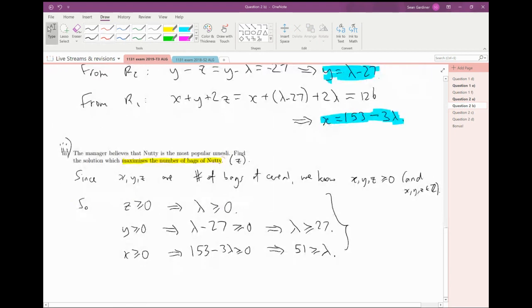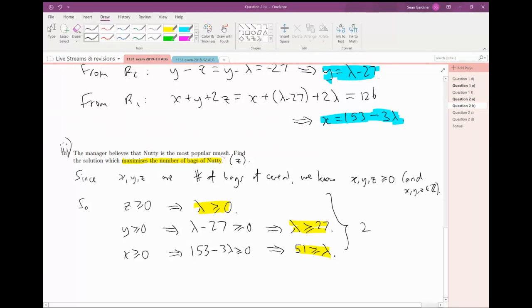And so if these are the three restrictions on lambda that I have, can anyone find the largest such lambda that will satisfy all three of those at the same time? Yeah, if lambda is 51, it will satisfy all three inequations, right? Because it's certainly bigger than 0 and bigger than 27 and less than or equal to 51. And I can't get any bigger without violating that last inequation in particular, right?